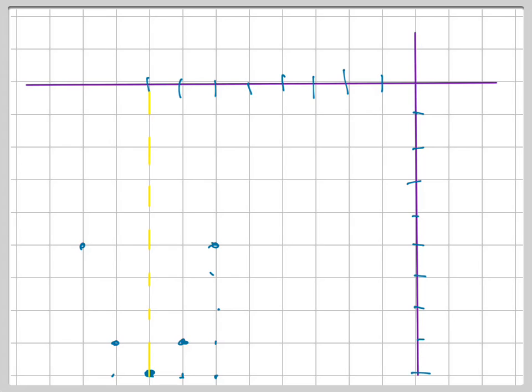So instead of going over 1, up 1, it's going to go over 1, up 1/2. Instead of going over 2, up 4, it's going to be half of 4, which is 2. And instead of going over 3, up 9, it's going over 3, up 4.5, right? So somewhere like this.